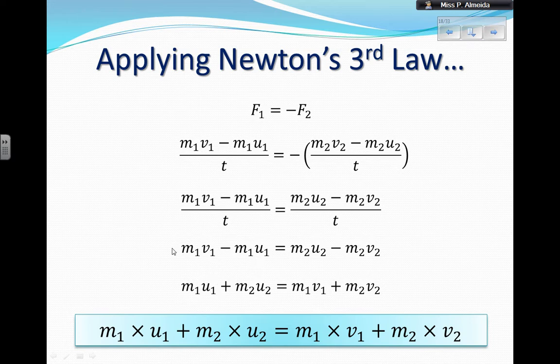So you can imagine that I multiplied here by minus 1. And then this would become minus m2 u2, so it goes here on the other side as a positive, plus m2 u2 equals, so this one, if I multiply by minus 1, is negative, and I'm moving it to the other side of the equation, so it goes positive, m1 v1, and then this one, when I multiply by minus 1, minus times minus gives a positive, plus m2 v2.